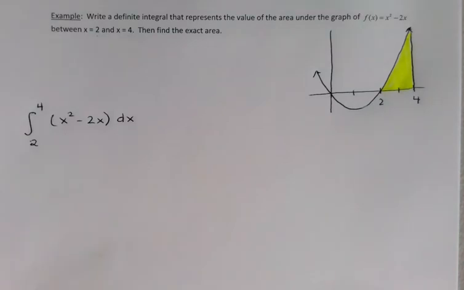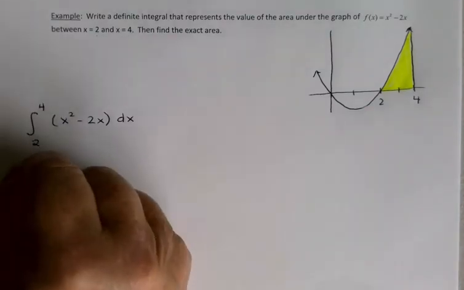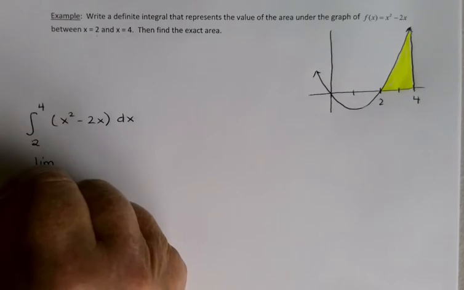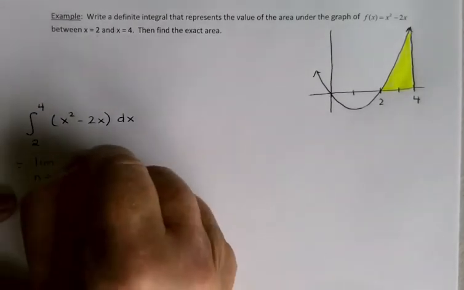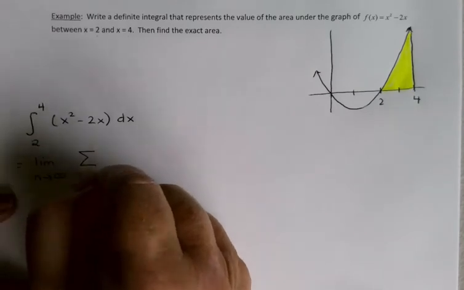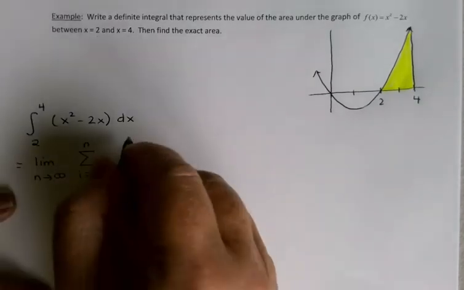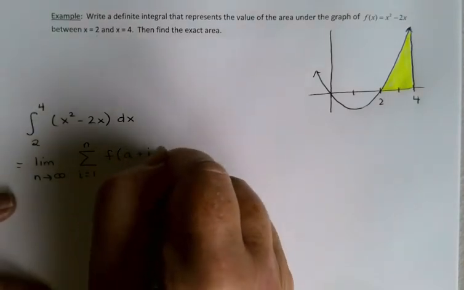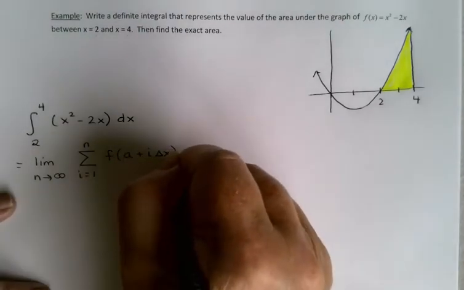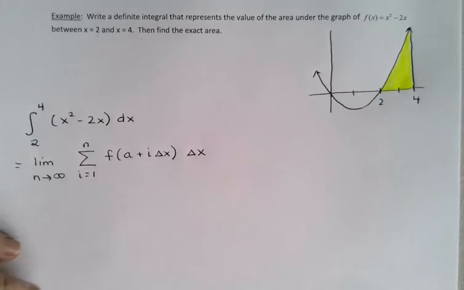And in order to actually calculate this, we're going to take the limit as n goes to infinity of the sum as i goes from 1 to n of f of a plus i delta x times delta x.